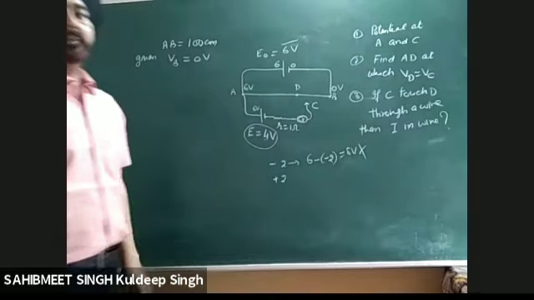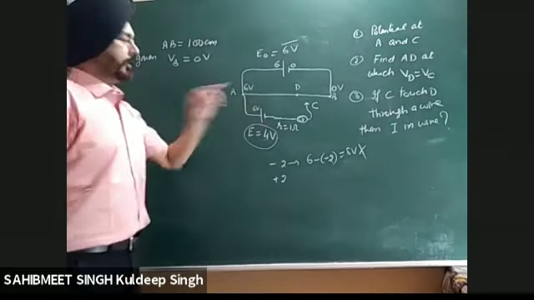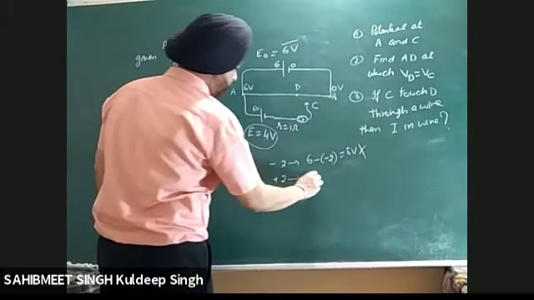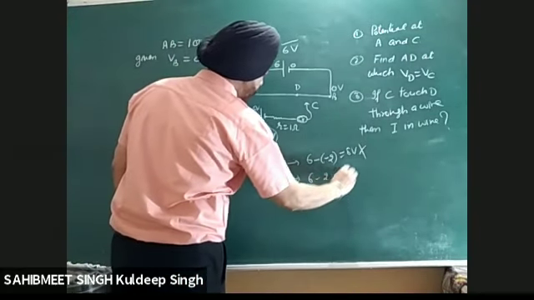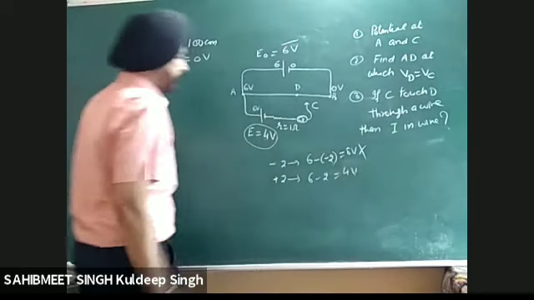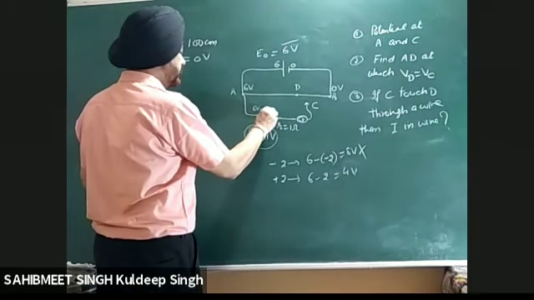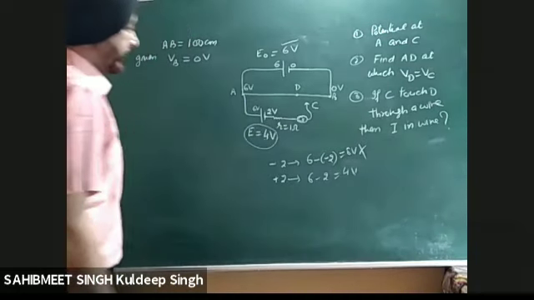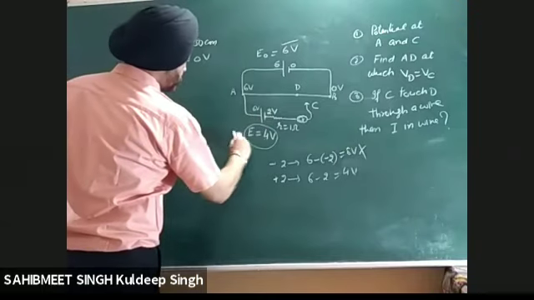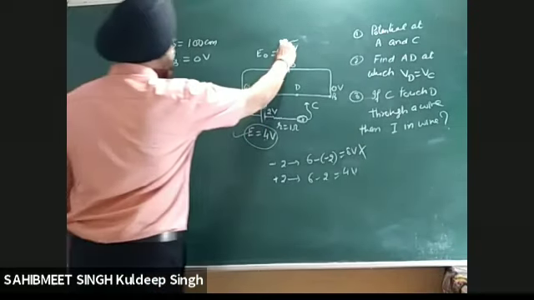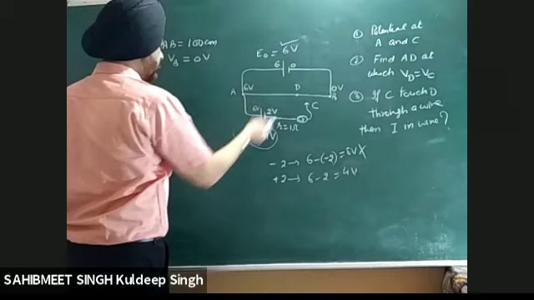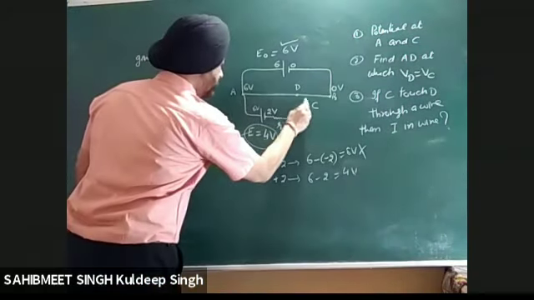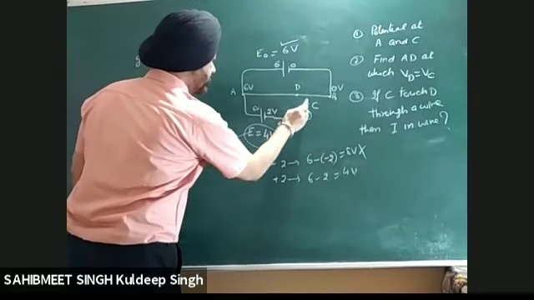I cannot assign -2 volt to the negative terminal of the secondary. If I assign it positive, then 6 minus 2 equals 4 volt. Therefore, this terminal should be given 2 volt. Now it is satisfied. This cell is happy. Both are okay. Now you have not connected anywhere, still it is in the air.